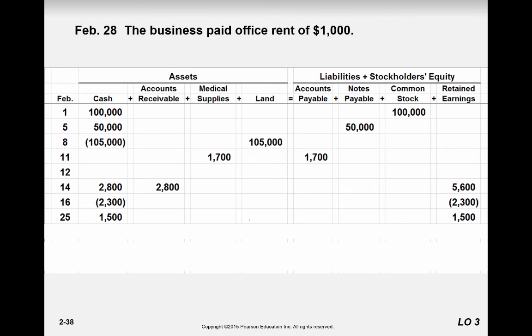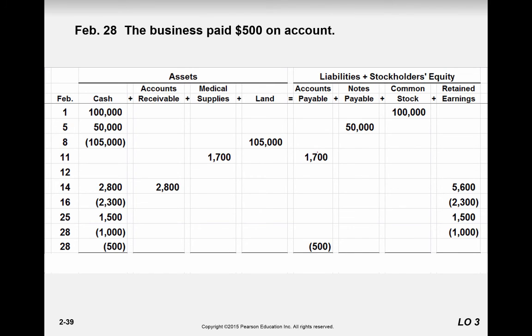Now we're going to pay office rent of $1,000. So that's great. Our cash is reduced. We're going to reduce our cash by $1,000 and record a rent expense of $1,000. And now we paid $500 on account. So from our accounts payable balance here, we paid $500, and again, cash goes down.